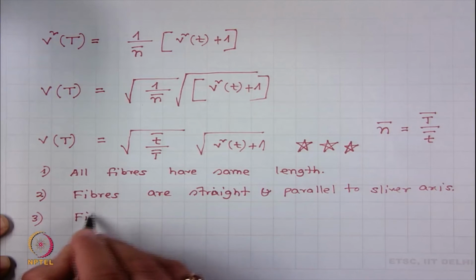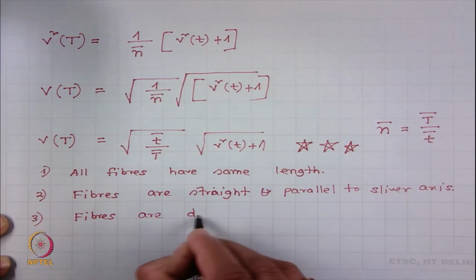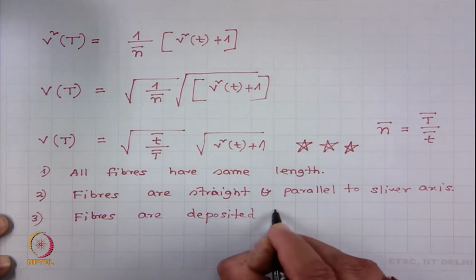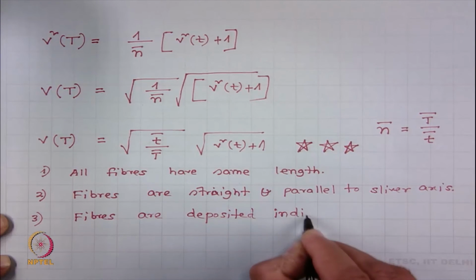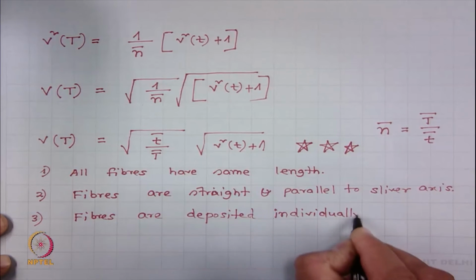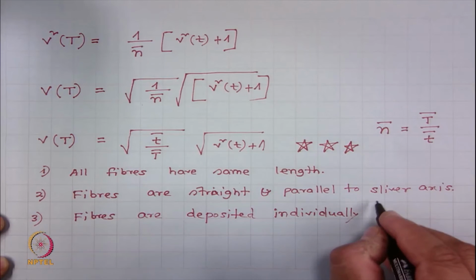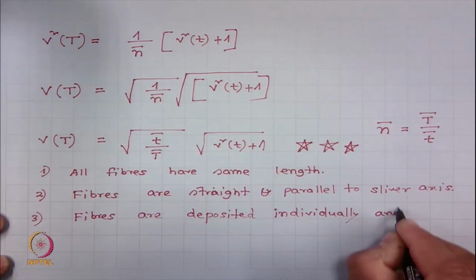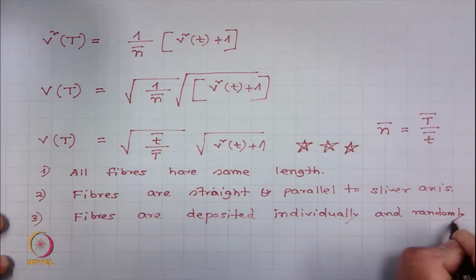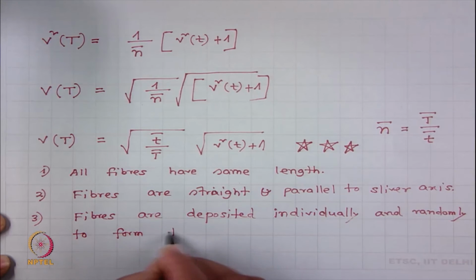Third, fibers are deposited individually and of course randomly, then only the statistical distribution comes into picture, to form the sliver.